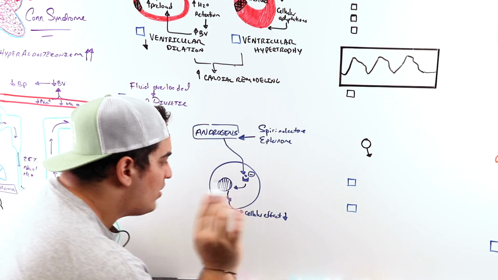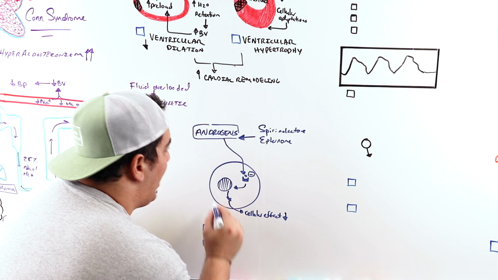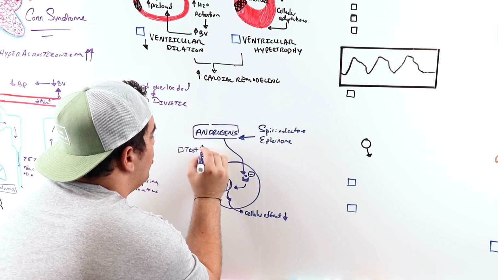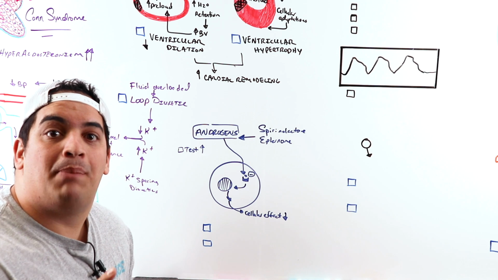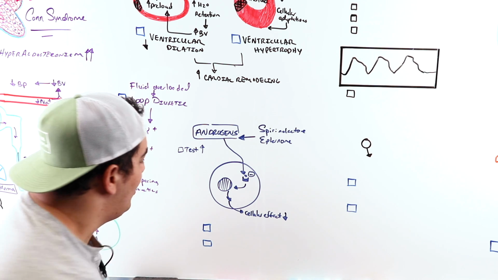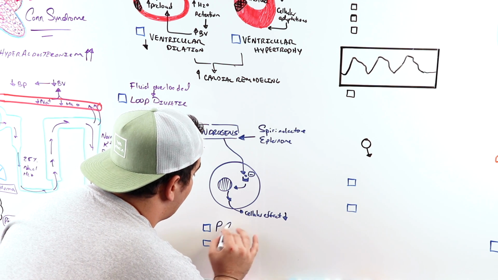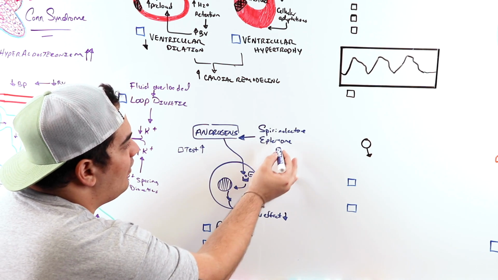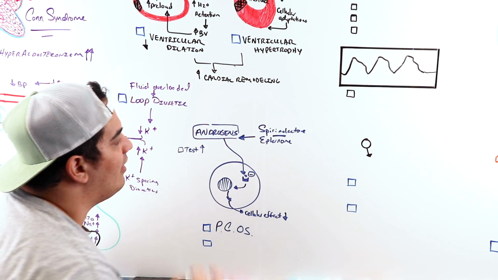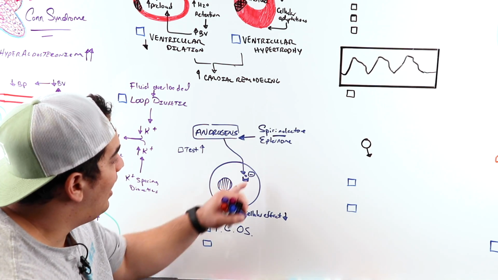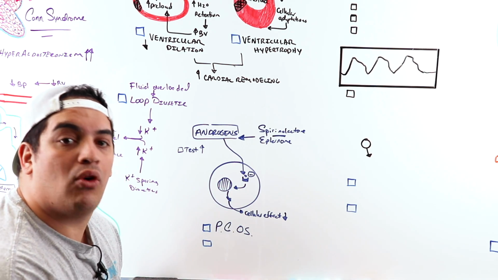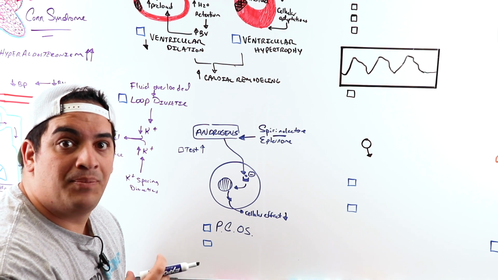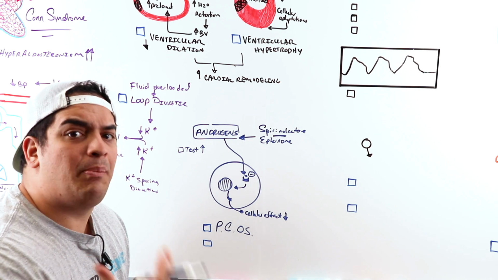What's one? One simple one is when someone has too much testosterone, like polycystic ovarian syndrome. In polycystic ovarian syndrome, they produce too much testosterone. If we give them spironolactone, we block the effect of it. If we block the effect of it, we decrease overall increased testosterone levels, which causes hirsutism, right? It causes alopecia.